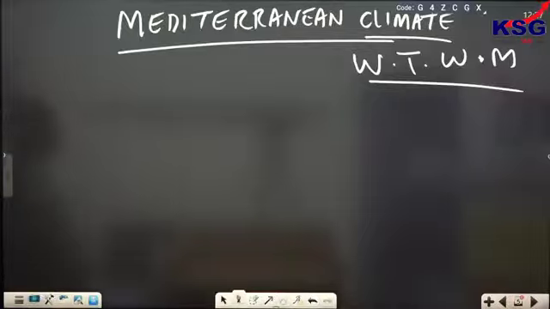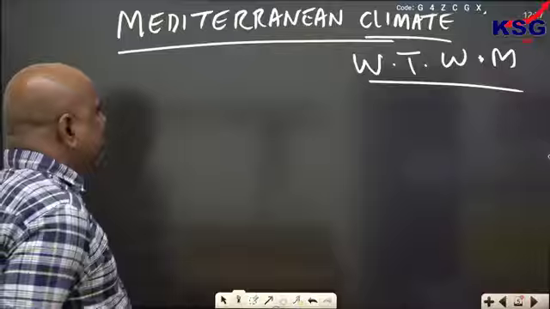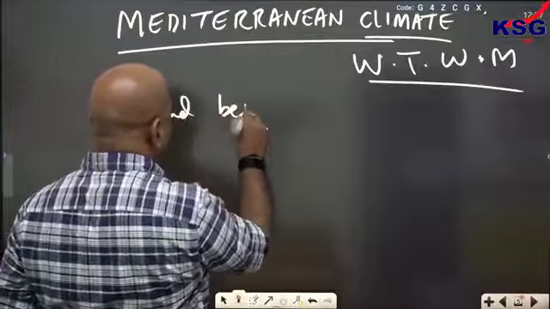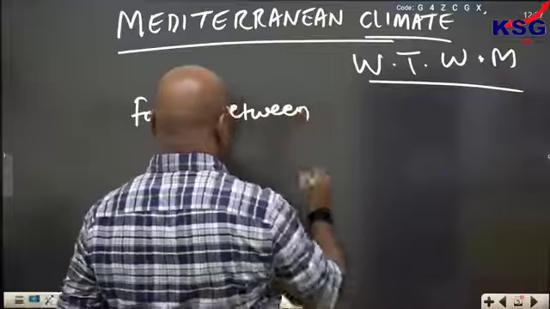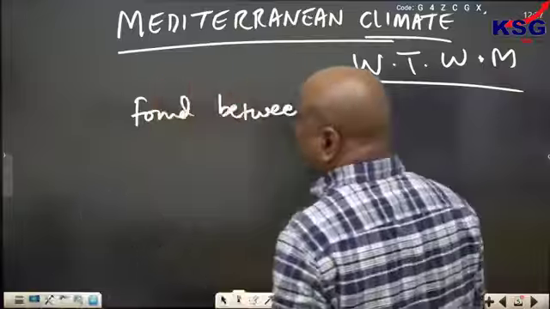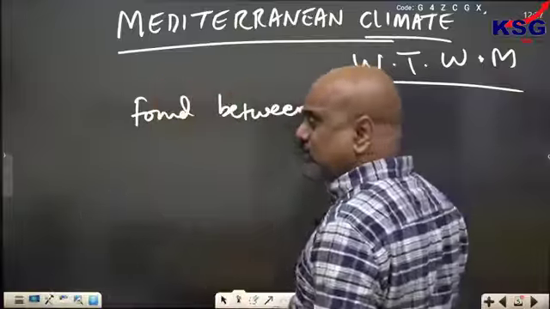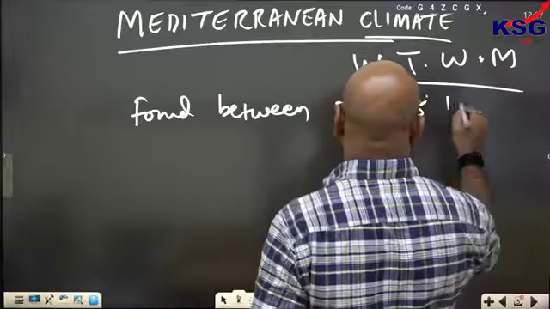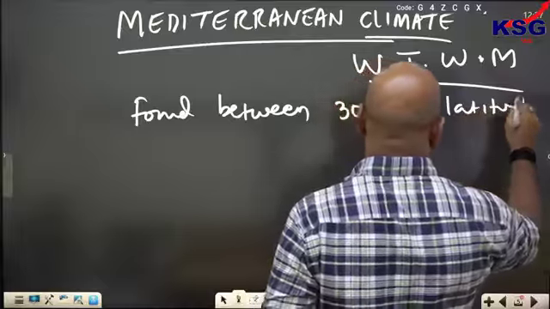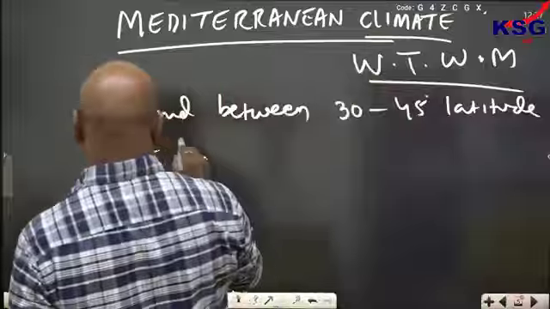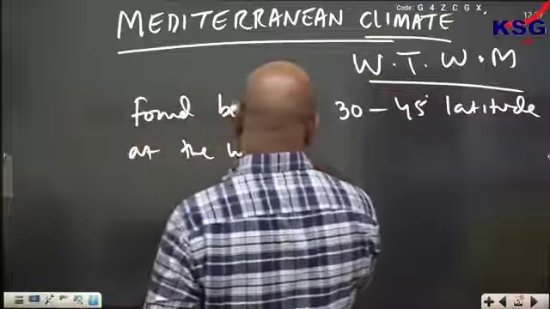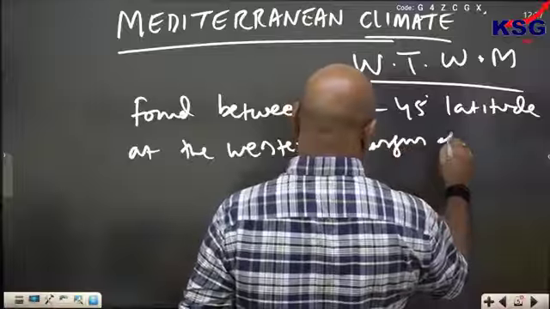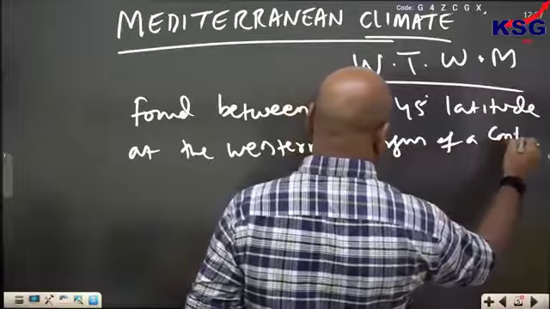Warm temperate western margin climate, or Mediterranean climate, is generally found between 30 to 45 degree latitude at the western margins of a continent.